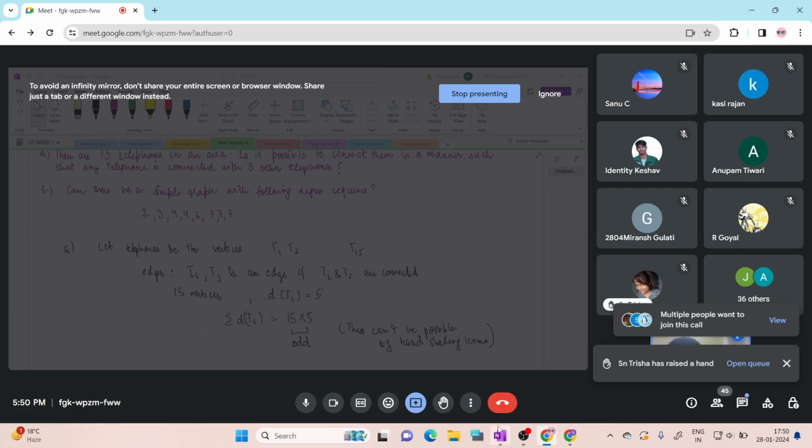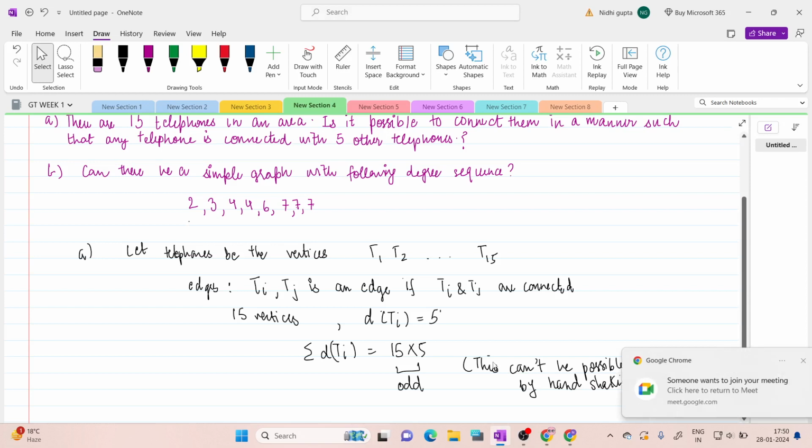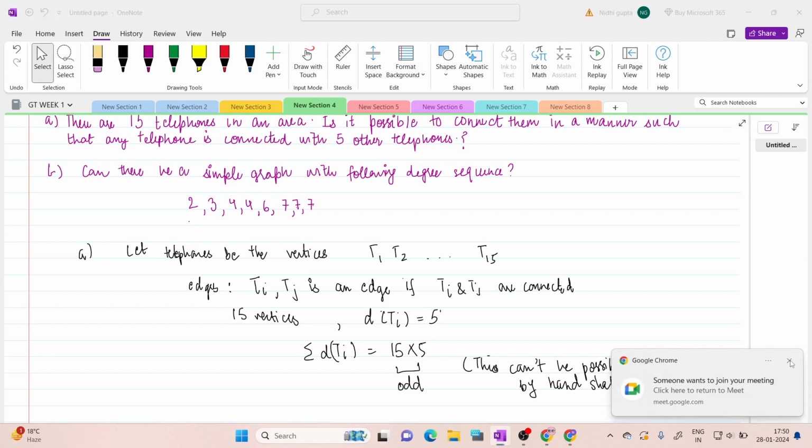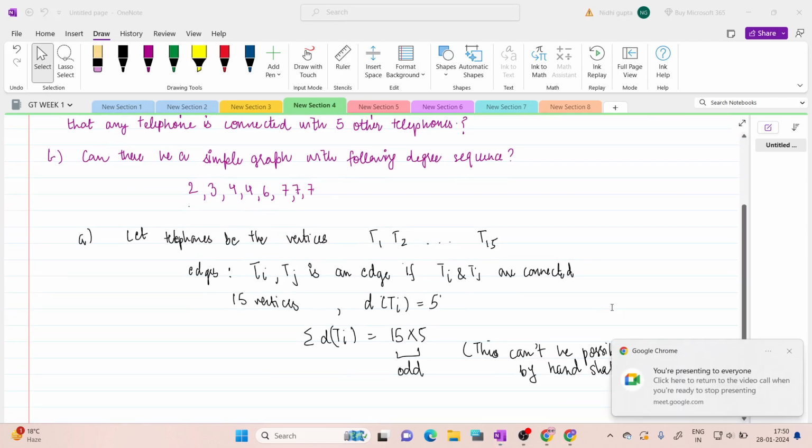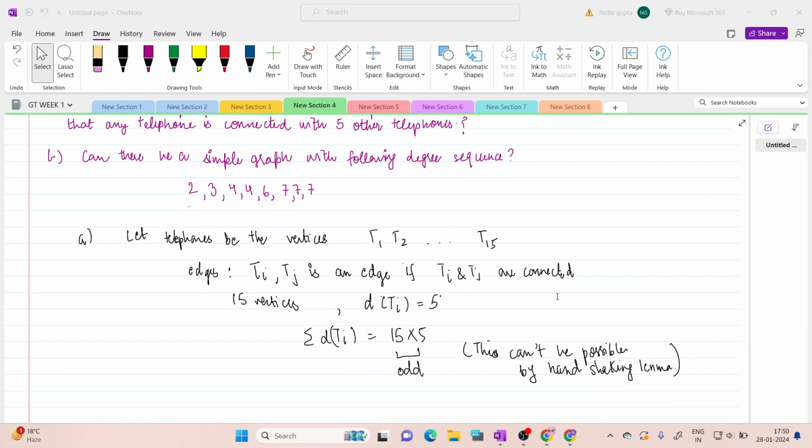So Anupam, why is it possible? Ma'am, the odd degrees, if we say 7, 7, 7, and 3, they are even in number. So as we said, the number of odd degrees must be even. So the graph is possible.